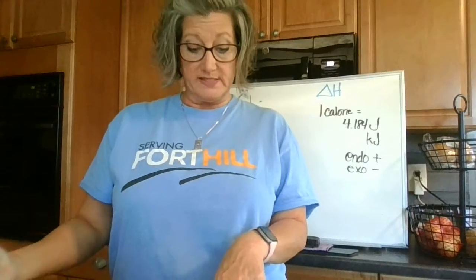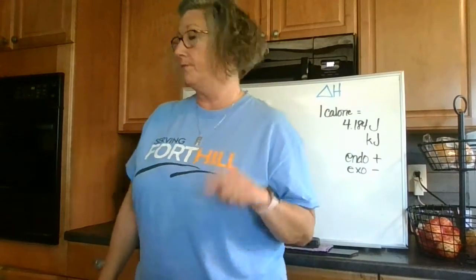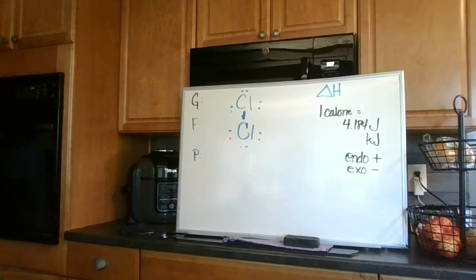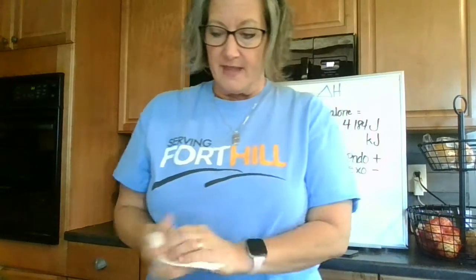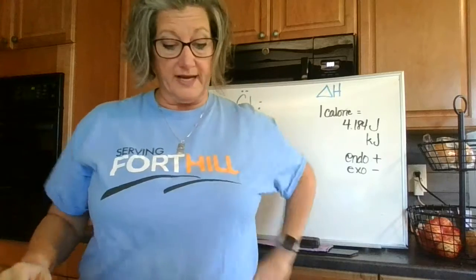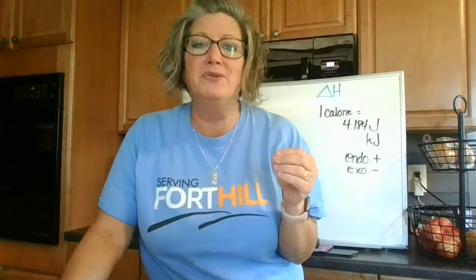Cl to Cl with 1 single bond is 240 kilojoules per mole. Okay, so I have my single bond chlorine, 240 kilojoules per mole. But how many moles is it? We already said that I had 2 of them, remember? So that's going to be 2 moles.